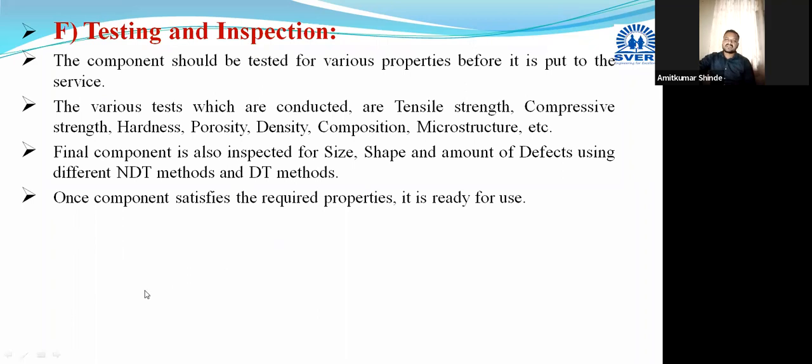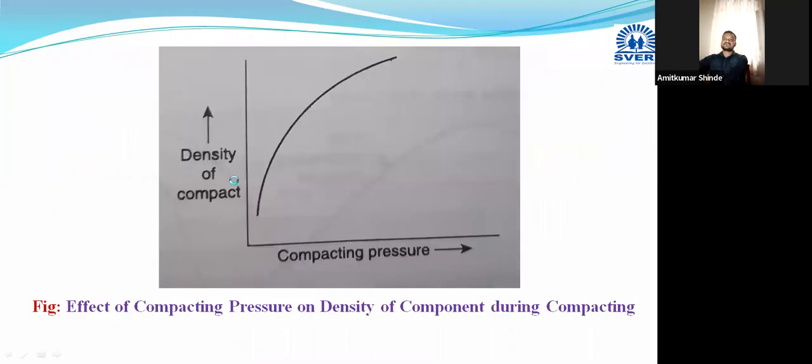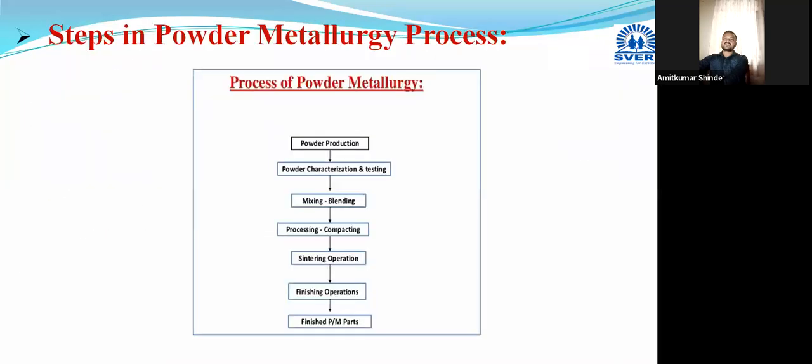If it satisfies all these conditions, then that component is finalized for practical use. So these are the six stages. This is the final stage, testing and inspection. In this way, we have used six stages in manufacturing a component using the powder metallurgy technique.